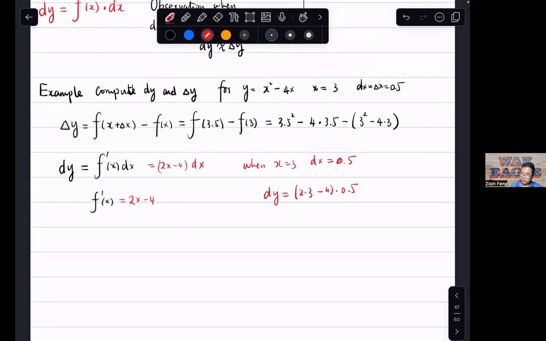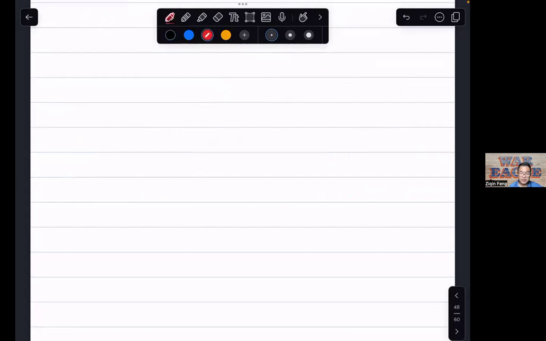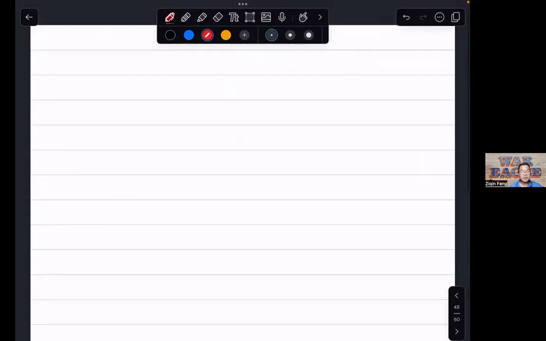So let's see an example on approximating a number using both methods, and let's try to compare them, right? So example here.